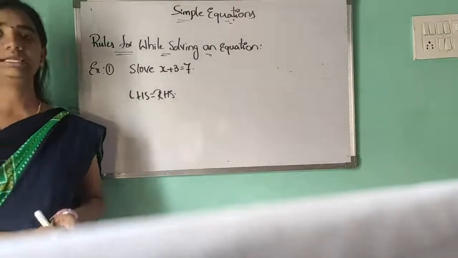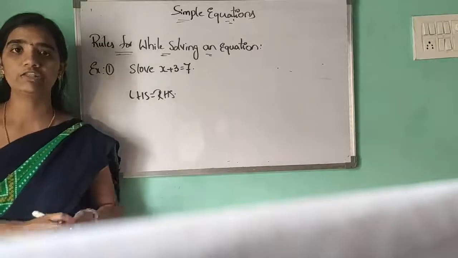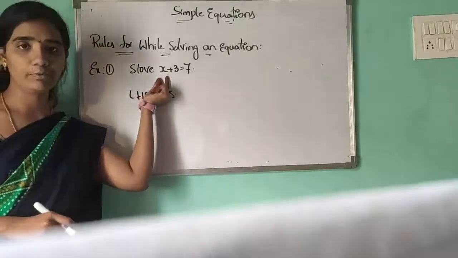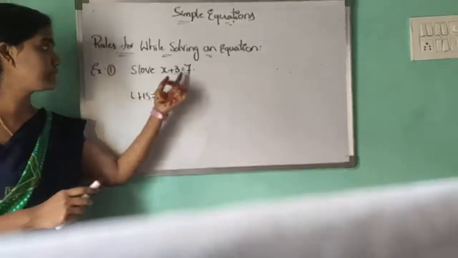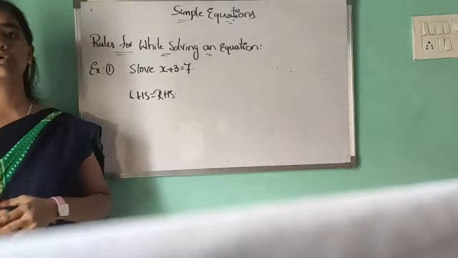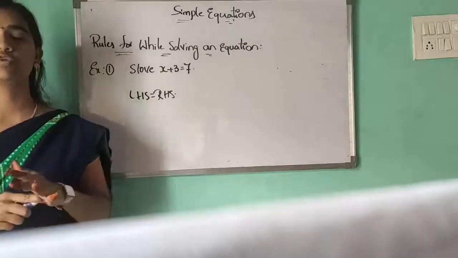But this method is time consuming because we need to substitute values for the variable until LHS equals RHS. To overcome this problem, there is another method to solve the equation.